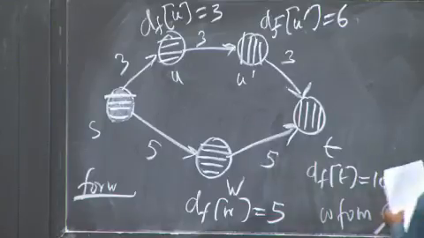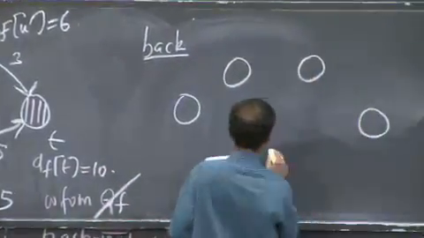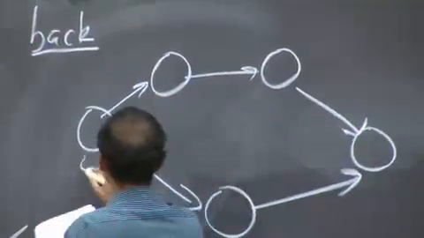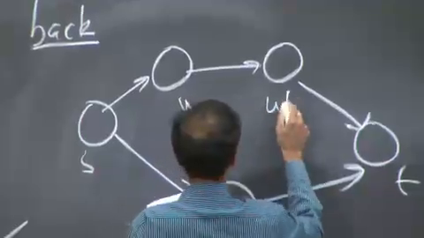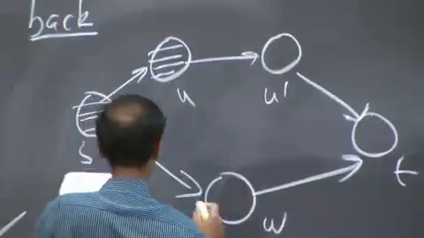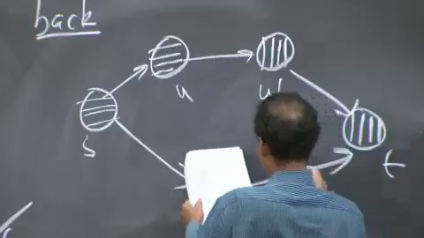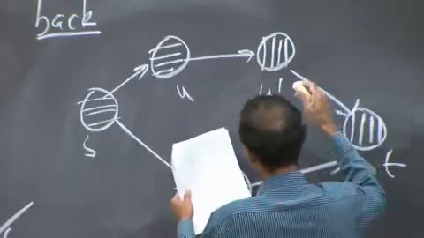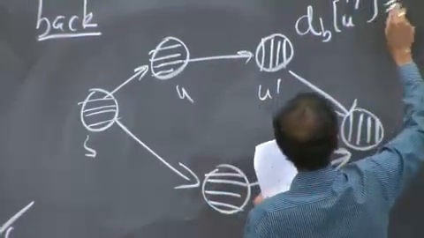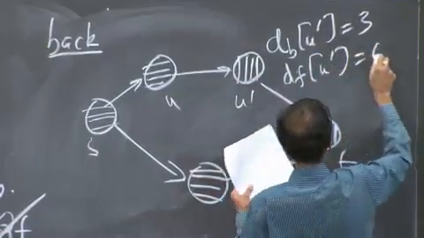Now let's look at the last step here of the backward search. So this was hashed, that was hashed. And if I look at what I have here, I have DB of U prime equals 3, DF of U prime equals 6.